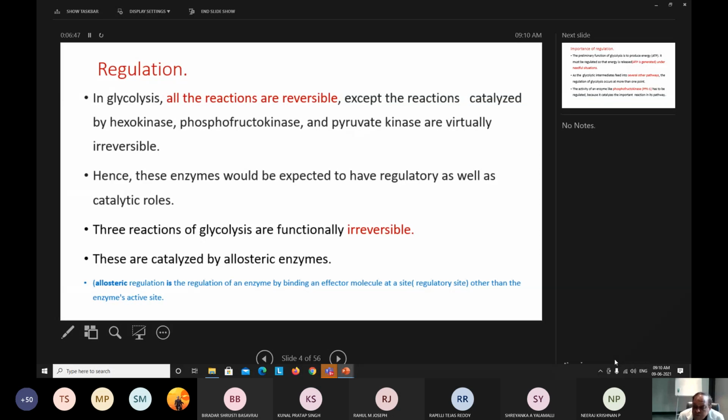Allosteric enzymes means an enzyme has an active site, as all enzymes do, but apart from the active site, the binding of an effector molecule takes place at another place than the active site, and then it is referred to as an allosteric enzyme.